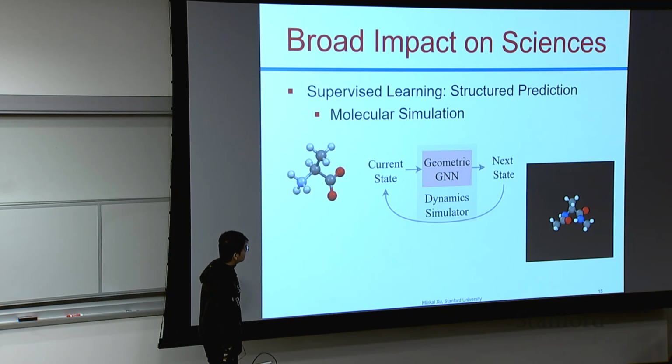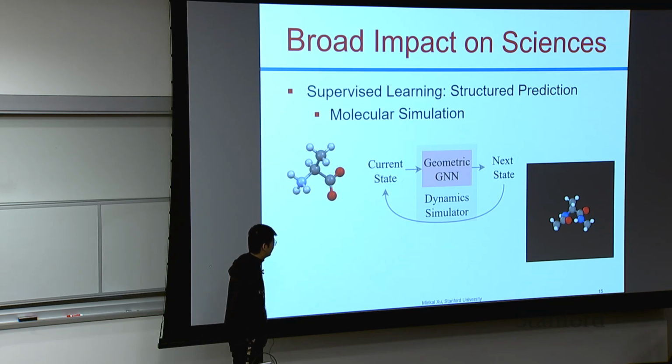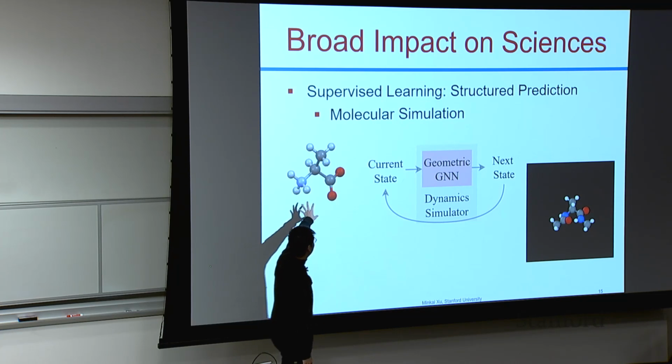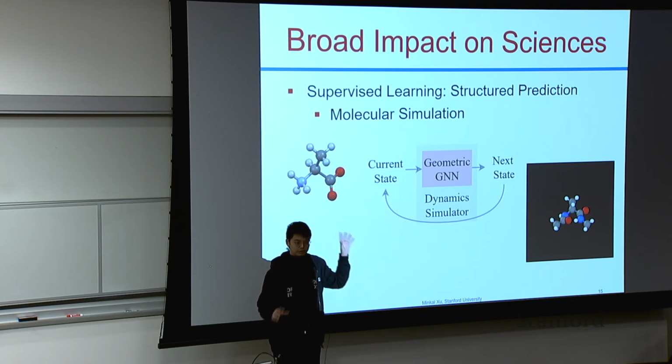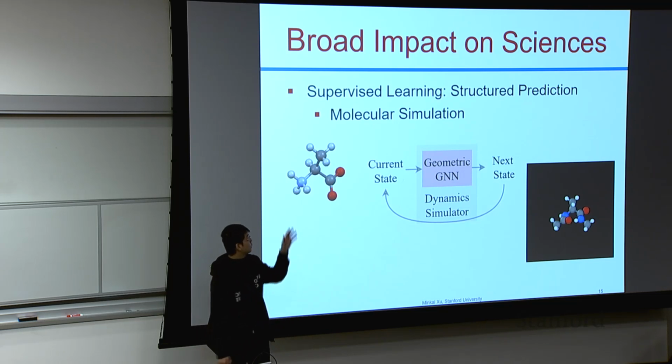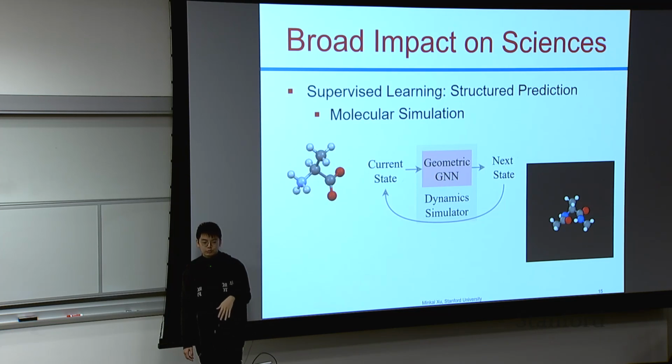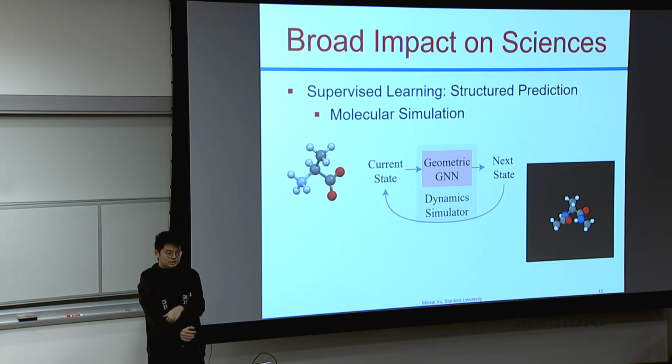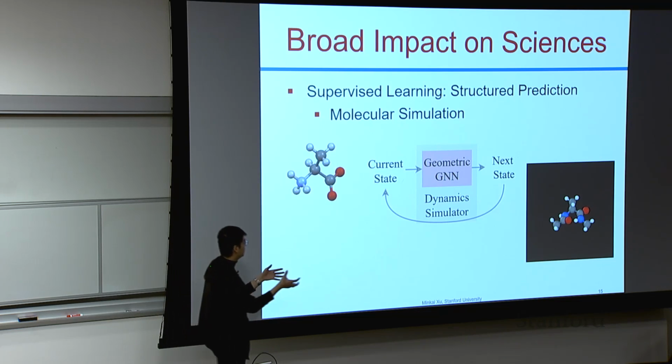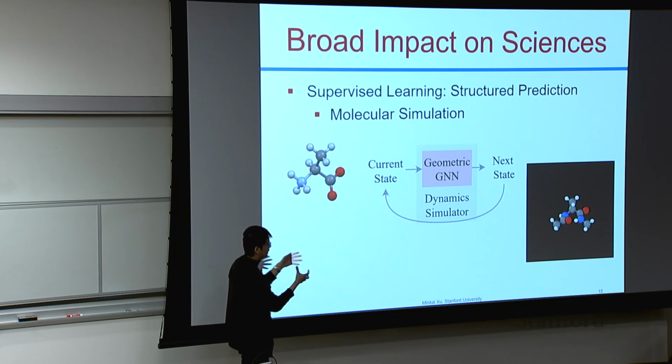For molecular simulation, I think it should be covered in high school physics or university physics. We can start from a very unstable structure, and molecular simulation means we really want to know what is the stable structure of this molecule. What we do is we have some method to calculate the electric force between different atoms.